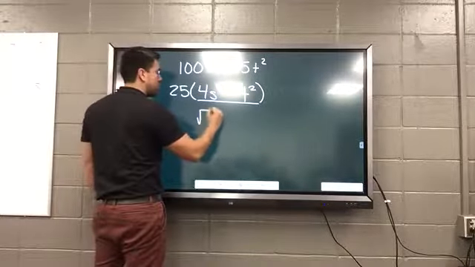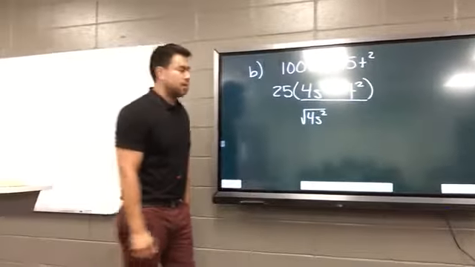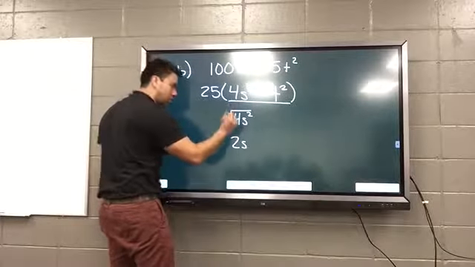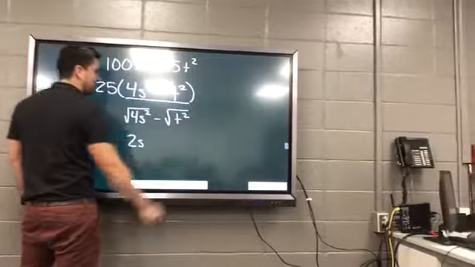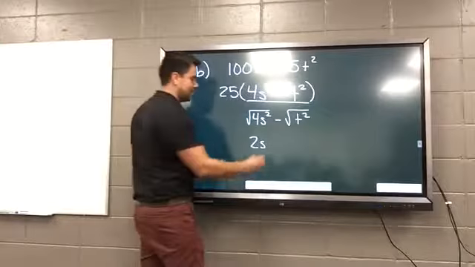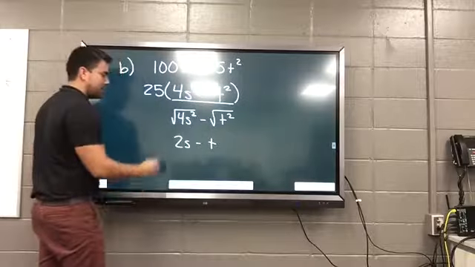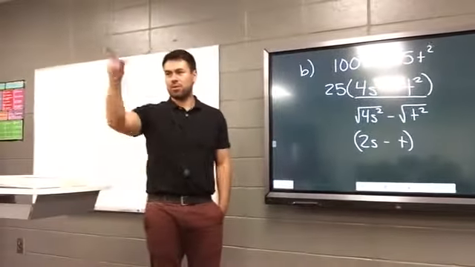So the square root of 4s squared is what? 2s, because 2s times 2s is 4s squared. Minus the square root of t squared, which is t, because t times t is t squared. That's my first binomial. What's the second binomial?